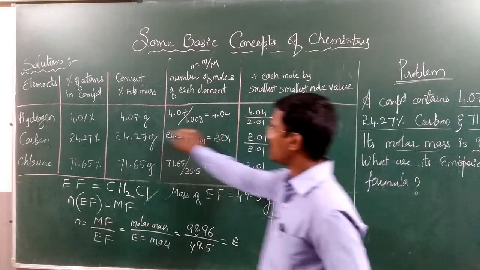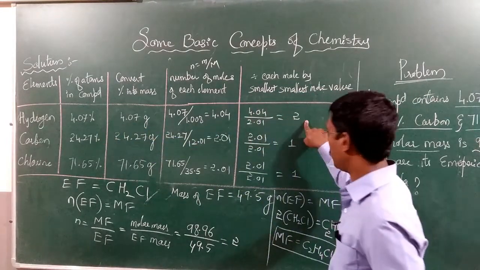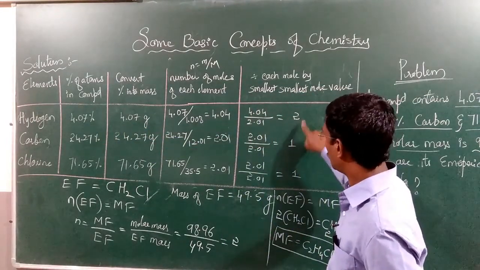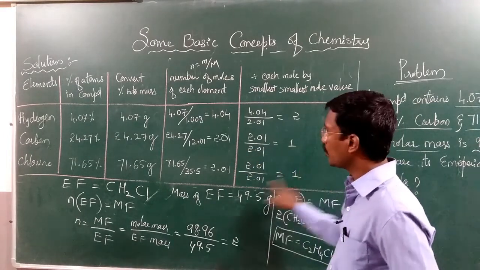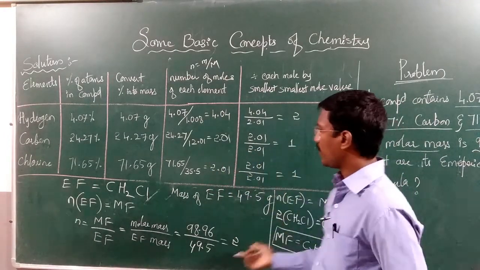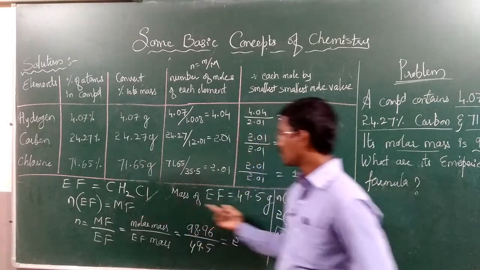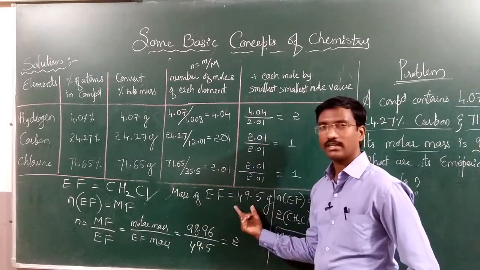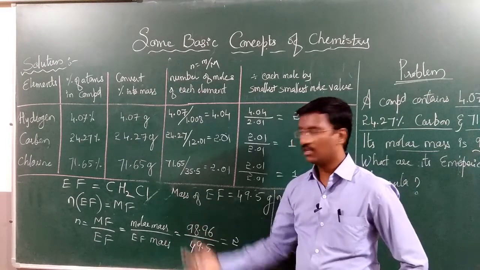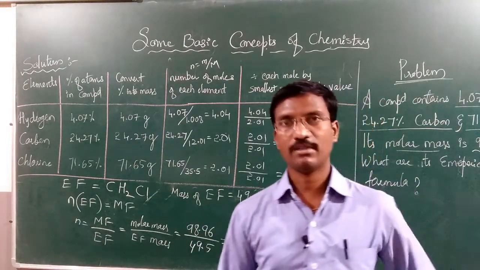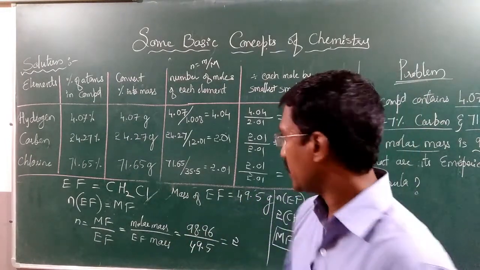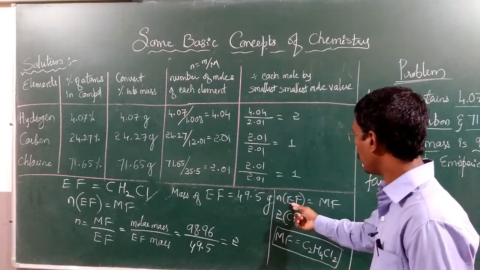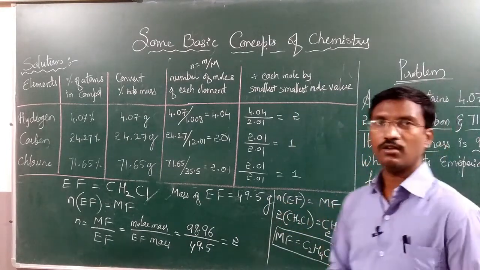This 2 indicates that hydrogen is 2 atoms, carbon is 1 and chlorine is also 1. Using this we have written the empirical formula and calculated the mass. Next, molar mass divided by empirical mass gives n, and n into EF gives the molecular formula.